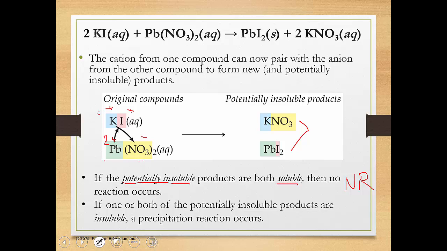But if one, or it could even be both, we could produce 2 solids in solution, but if at least one of those things creates an insoluble product, then we have a precipitation reaction. Something is going to precipitate out of that solution. And by the way, the abbreviation we tend to use for precipitation is PPT. So if you see PPT, that's what we're talking about.